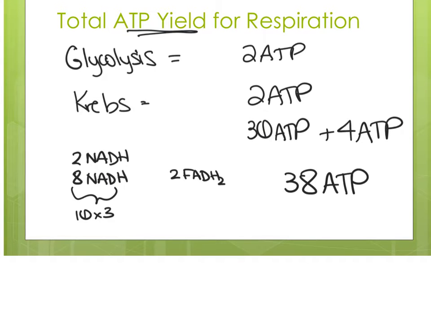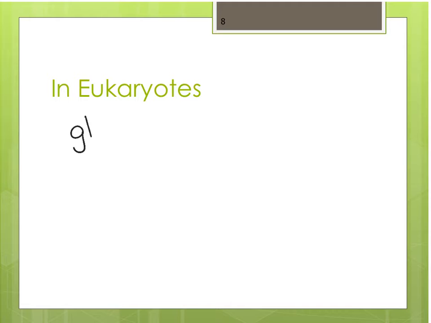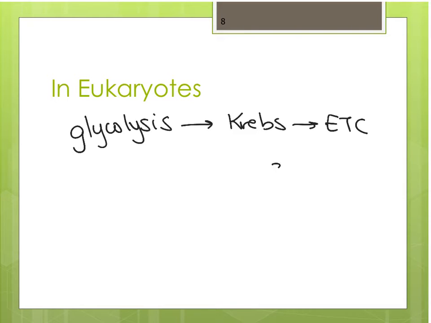But the rest of us mere mortals, we're only chucking out about 32 ATPs. So in eukaryotes, you're going to have glycolysis, to Krebs, to ETC, so you're looking at somewhere around 32 ATP.